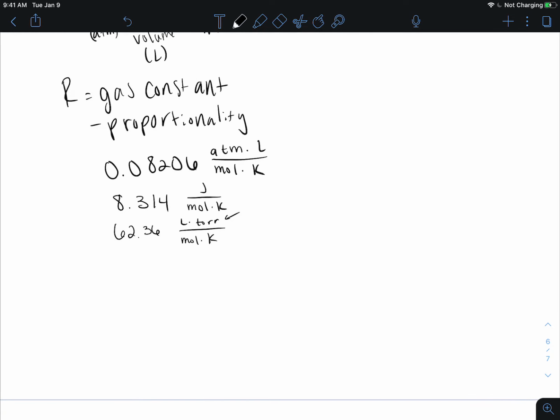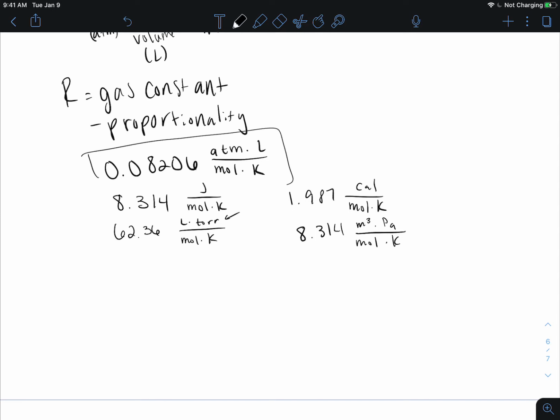And there are two other ones. Another energy one that we would see is 1.987 calories per mole times Kelvin. And then another pressure one we might see is 8.314 meters cubed times pascals divided by moles times Kelvin. So the 0.08206 one is the one we will be using almost entirely for this chapter. You may see the torr one if I give you torr, and you can use that. I'll put both of those on a test.